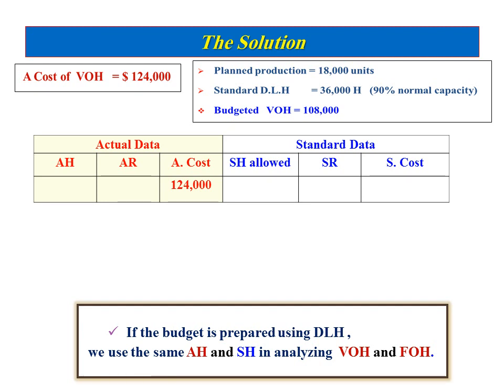You need to recalculate or calculate separately actual hours and the standard hours if your budget is prepared according to machine hours, okay? Again, you have to differentiate between if your budget is according to direct labor hours or machine hours.